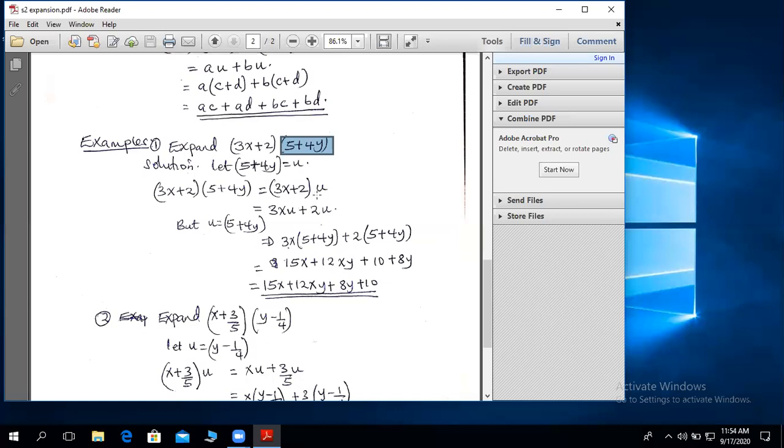Then we open the bracket, we get 3x U plus 2U. But U is equal to 5 plus 4y. So where there is U, we put 5 plus 4y.